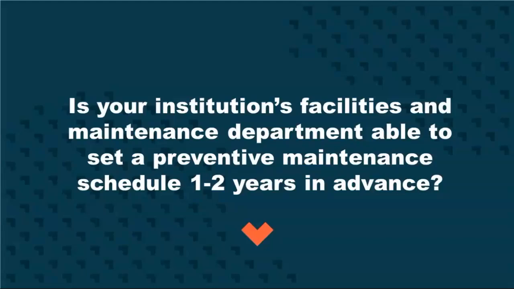The next question we took a look at was whether facilities and departments are able to set a preventive maintenance schedule 1 to 2 years in advance. Where was their insight into being able to set that schedule and act on it? That is pretty key, again, to preventing the unexpected and bringing down corrective maintenance costs.